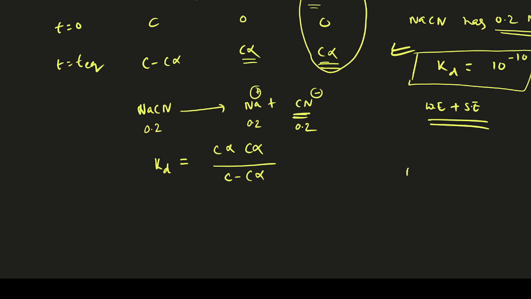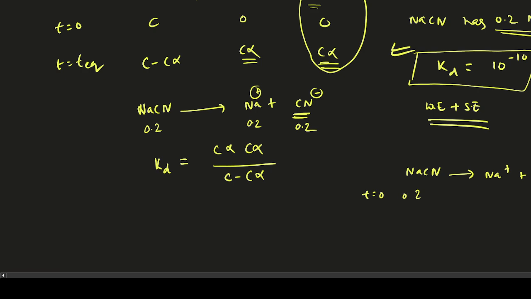Whenever you write NaCN or any strong electrolyte, this is going to give Na plus and CN minus. When t equal to 0, suppose we are given 0.2 molar, no reaction has happened, and at t equilibrium this is completely dissociated, no NaCN will be left. They are going to give 0.2 molar, 0.2 molar.